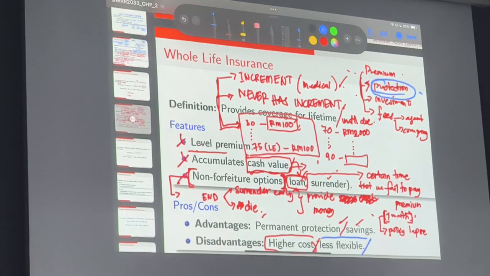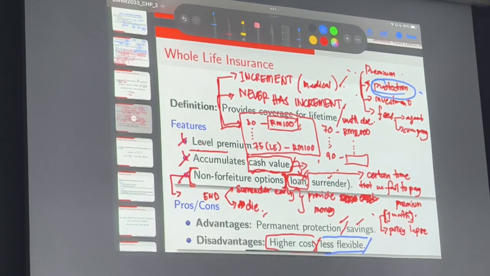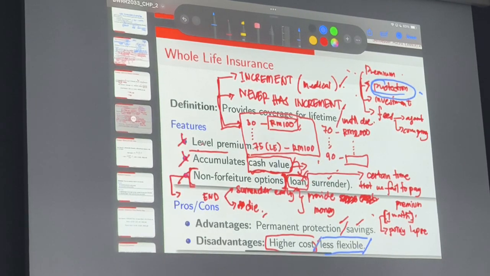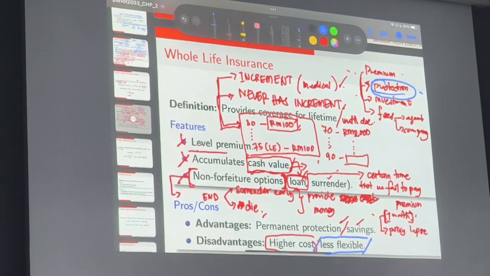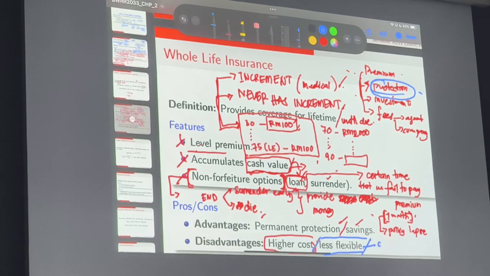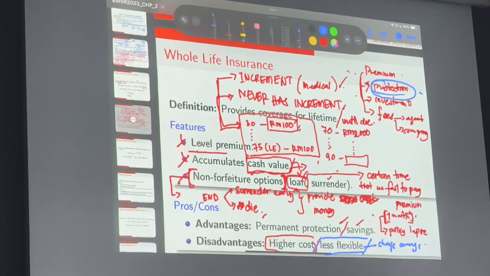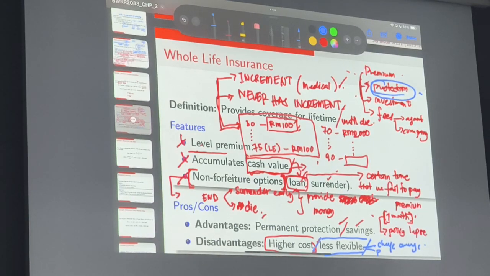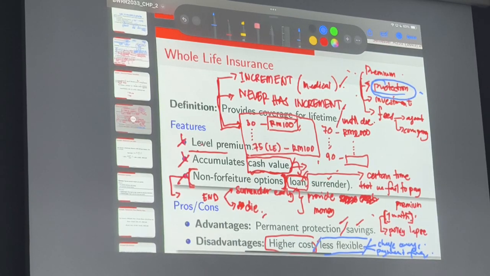We cannot change the amounts, the coverage. It is not flexible if we want to change the coverage, for example, or the payment frequency. Payment frequency is the same, it's not that flexible.